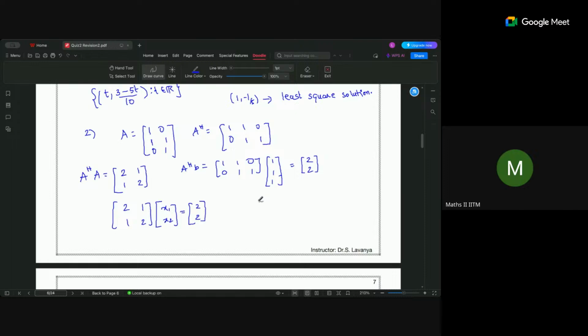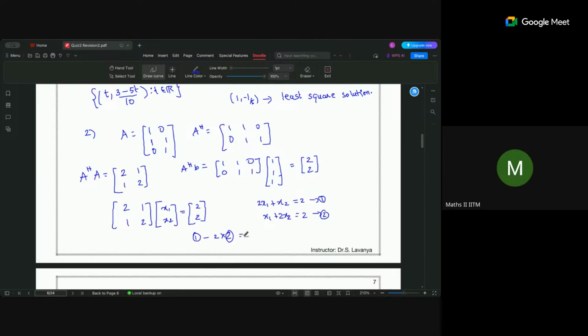So now what is the equation? You get 2x1 plus x2 equal to 2 and x1 plus 2x2 equal to 2, right? So now we can call this equation 1, call this equation 2. Let's do 1 minus 2 times 2.